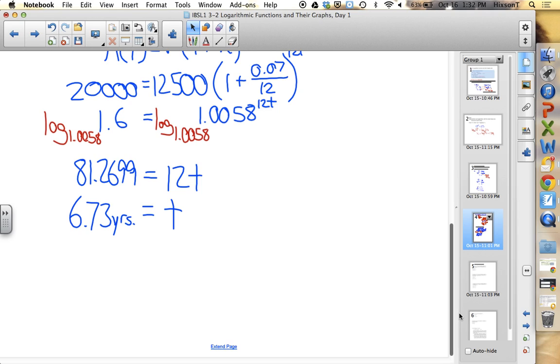You get the exponential part by itself, and then whatever this base is, we're taking the log with that same base. Yes, Alex? Is compounding continuously ever smaller than compounding monthly? Not if everything else is equal.